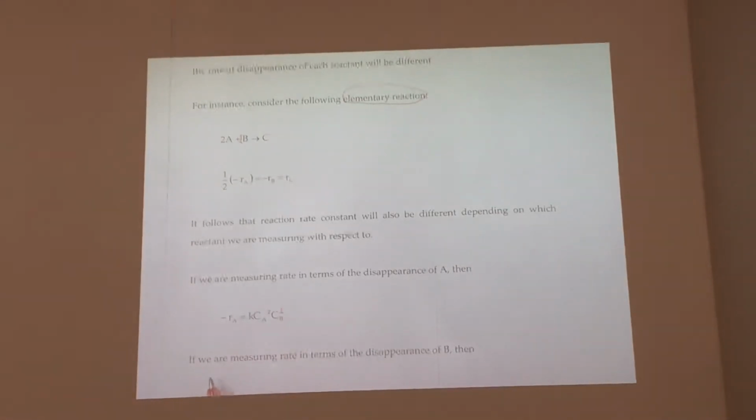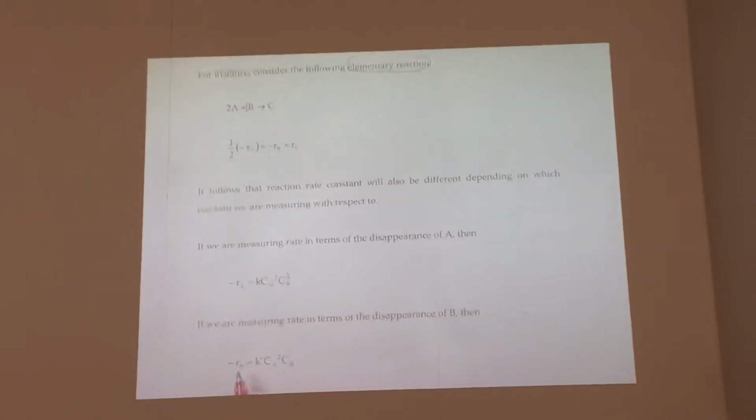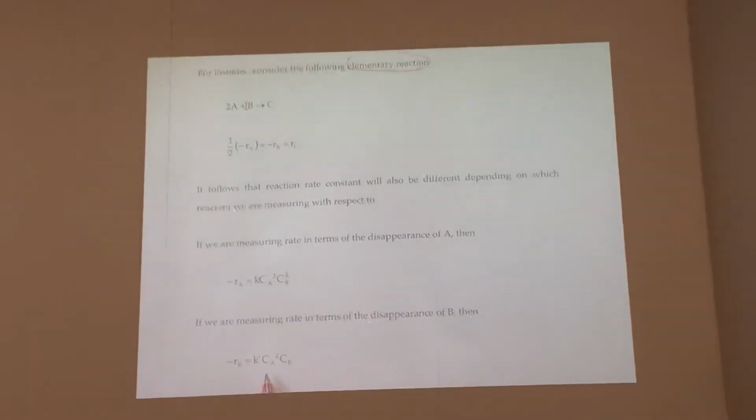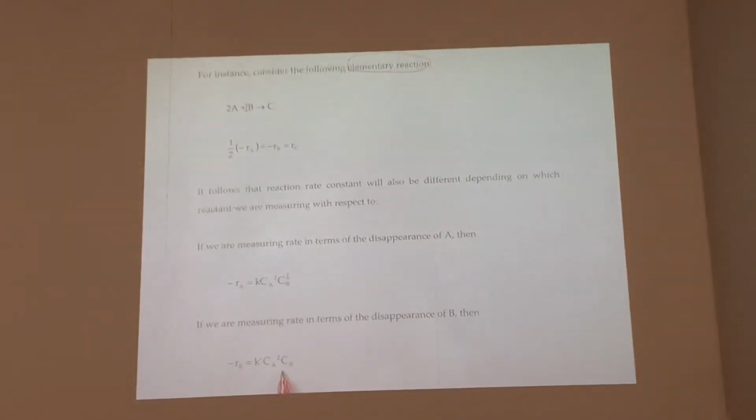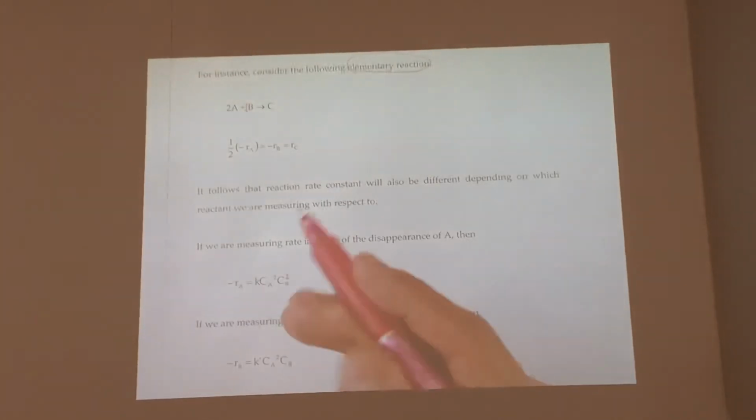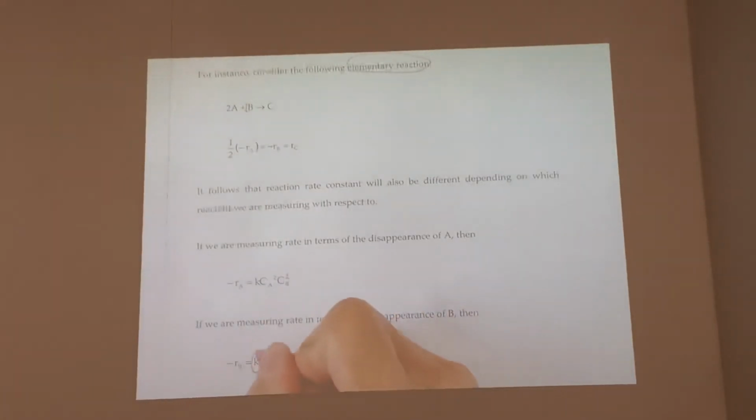What if we measure the rate of dissipation focusing on B instead? The rate of dissipation of B will be the same concentration, CA squared times CB, but the K here will be a different rate constant.